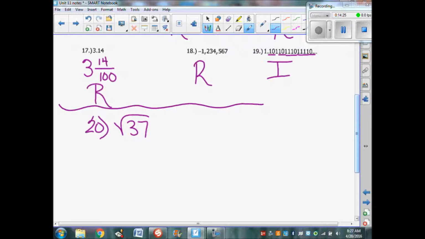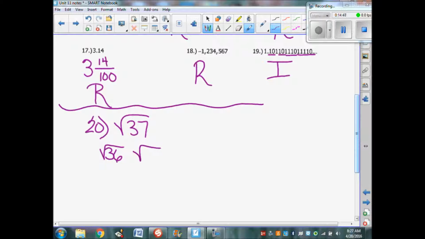What 2 integers is the square root of 37 in between? So talk to me for a second. Do we agree that the square root of 36 is 6? Yes. And would we agree that the square root of 36 is pretty darn close to the square root of 37? Yes, it is.